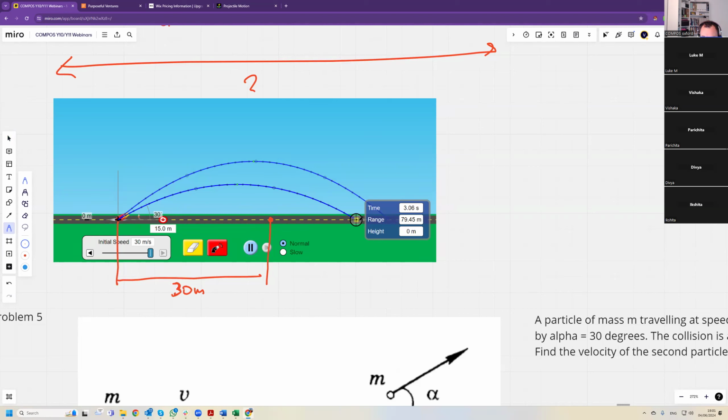And we know that the range, well, let's round it up, 80 meters. We know that this is 50 meters.